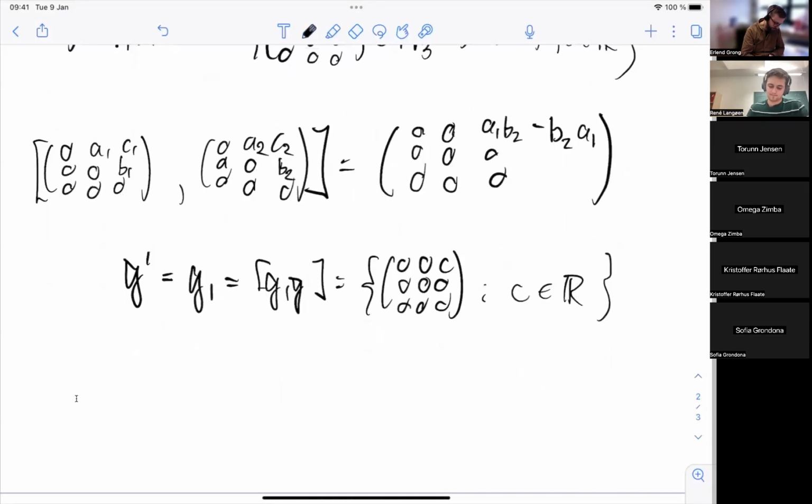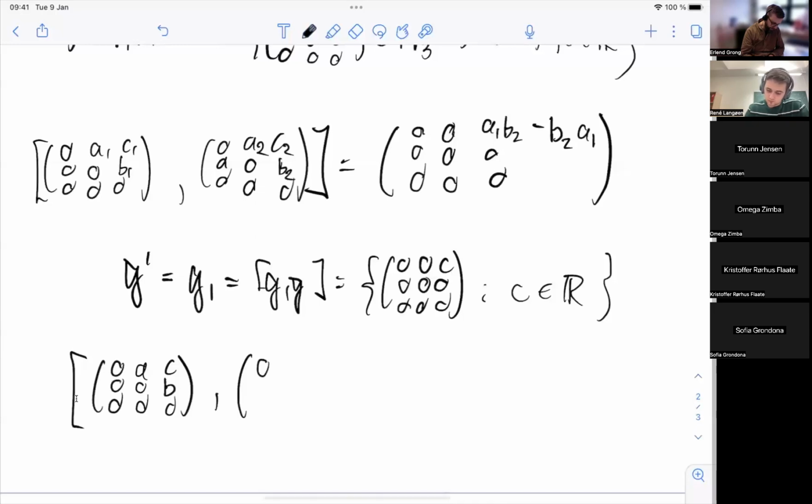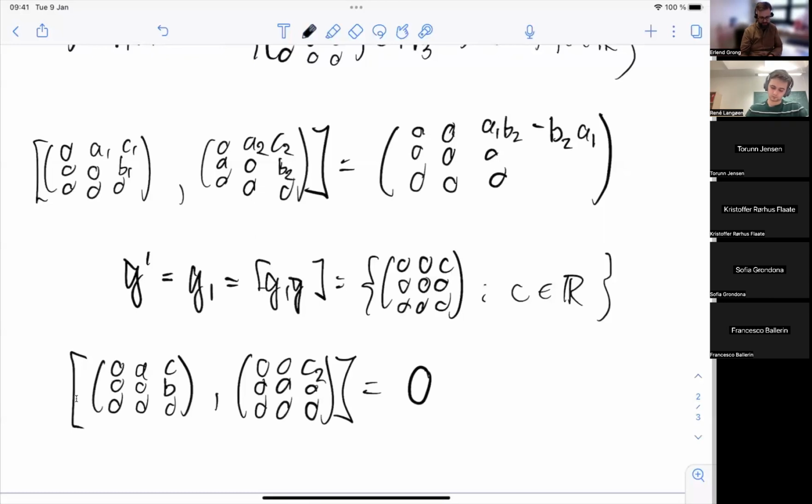And then if we take a bracket of such a matrix with some other such matrix, if we compute the Lie bracket, this will be the 0 matrix.